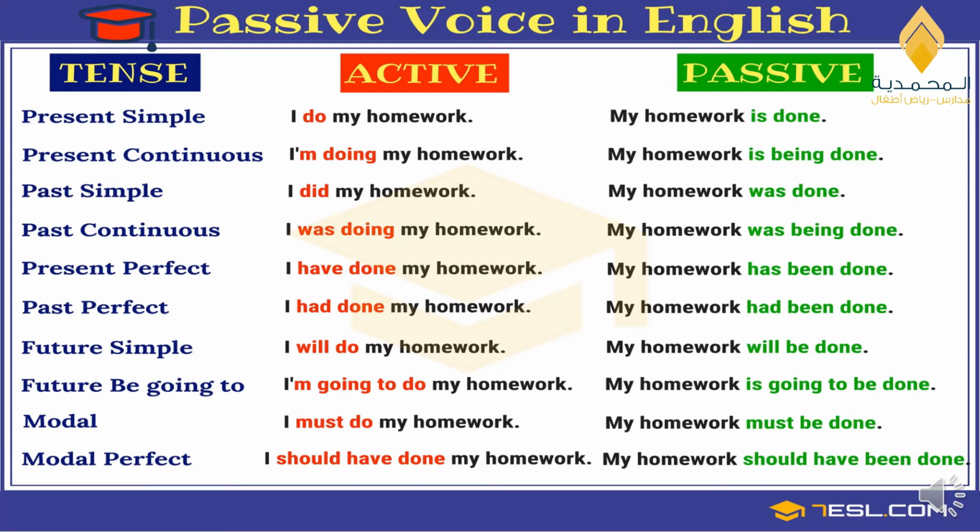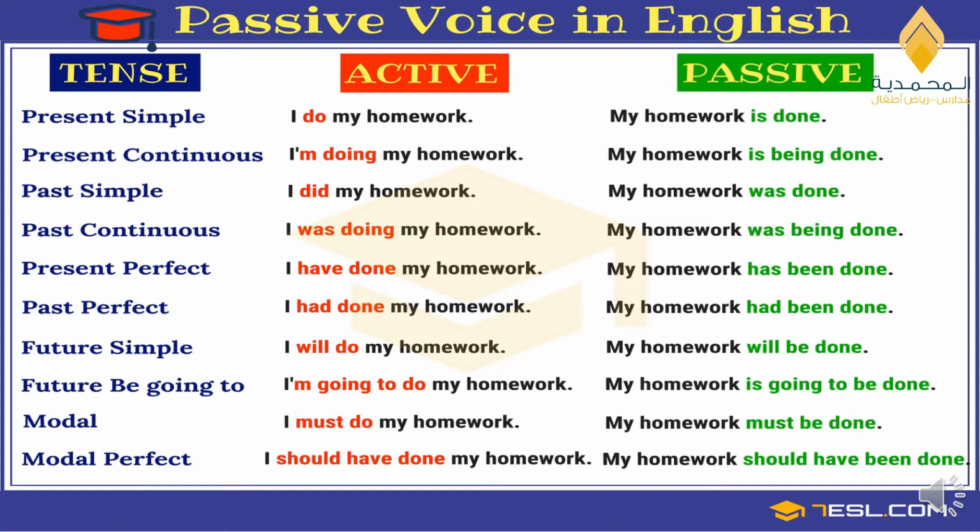Clear? First of all, I look at the object, it is singular. We have a present perfect, so either have been or has been. Why did I use been? Because the present perfect form of the verb to be is has been or have been. When I have a singular object, I have to use has been, then the verb 3, which is done. Clear?